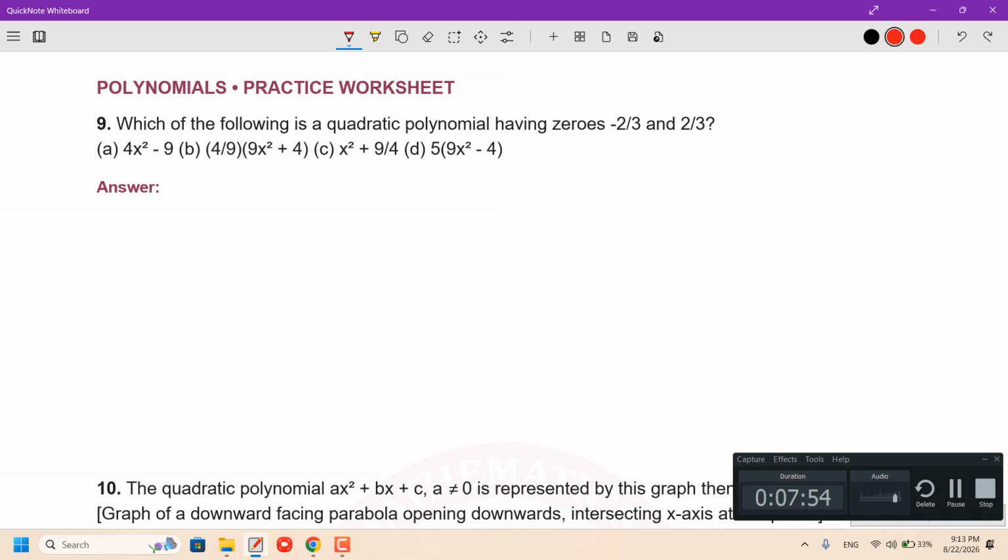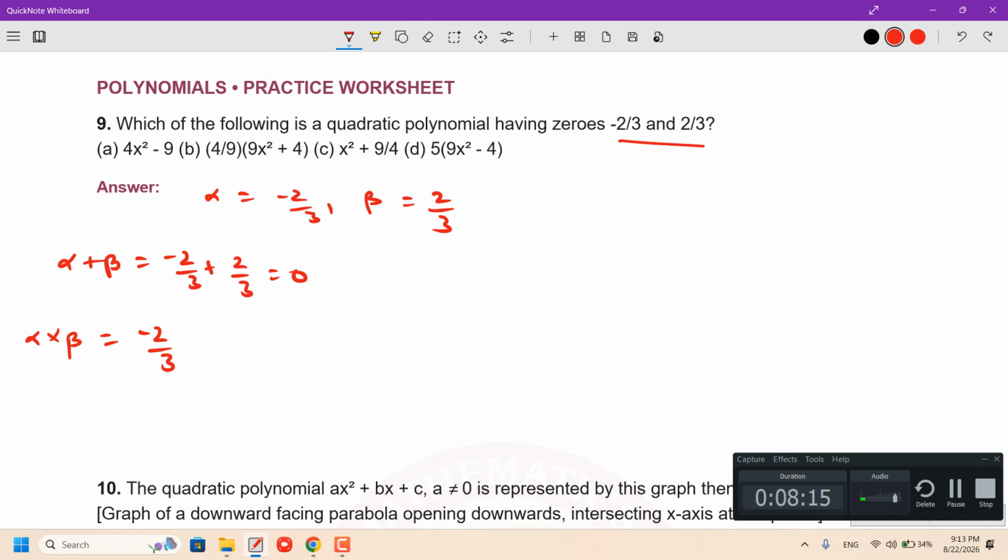Next question. Which of the following quadratic polynomials has the given zeros? Okay, so alpha is equal to minus 2 by 3 and beta is equal to 2 by 3. So alpha plus beta is minus 2 by 3 plus 2 by 3, which is 0, and alpha into beta is minus 2 by 3 into 2 by 3, that is minus 4 by 9.